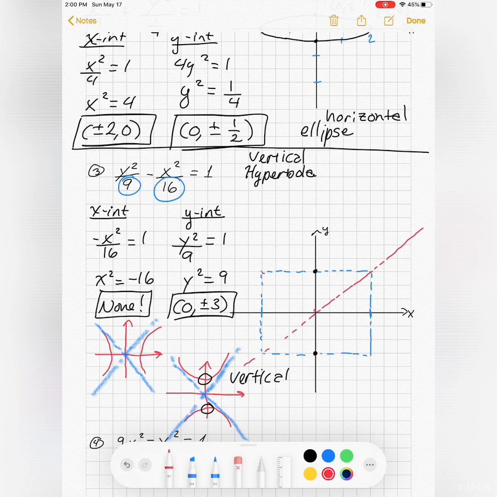Need to go to the corner here and then through the origin. Okay, so then starting at my intercept, then I approach the asymptotes. I have a pretty wide hyperbola here, something like that. And then something like that. Okay, now it's supposed to be symmetric.